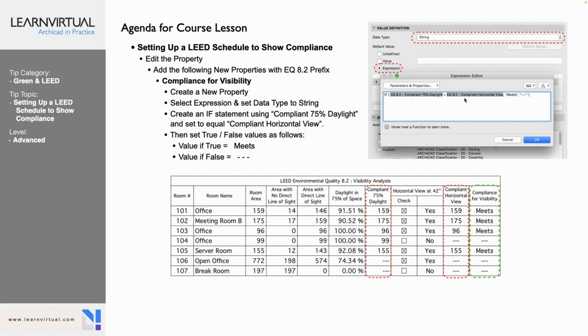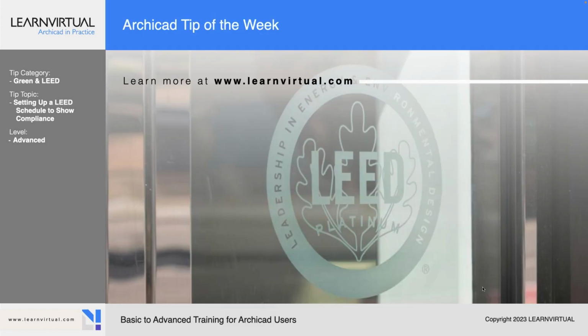Otherwise, it's going to show the dash, dash, dash. And that's where these if ands come together. Now, I know this is a lot that I'm presenting to you here, but I wanted to present this so you can see how it's possible to create a very sophisticated visibility analysis with this. And that is our tip of the week.